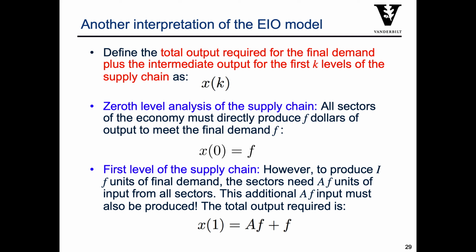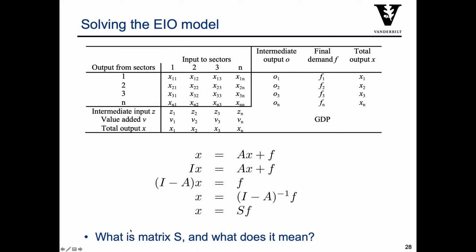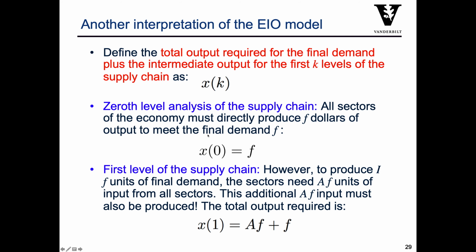Okay, so there's another interpretation that makes it kind of explicit that this solution, where the total output is equal to I minus A inverse times your final demand vector. There's another way to see this that's more inspired by dynamical systems theory that we covered at the beginning.